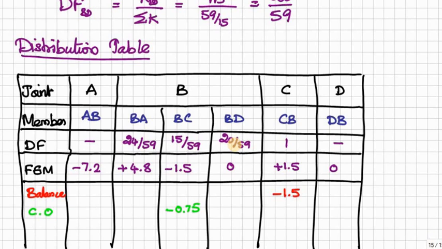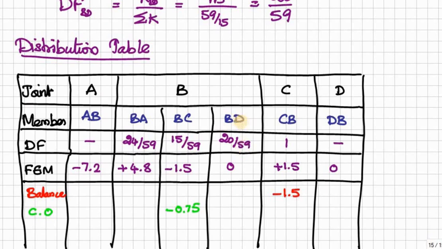That means 24 over 59 parts of 2.55 should be applied to BA, then 15 over 59 of 2.55 should be applied to BC member, and 20 by 59 of 2.55 should be applied to BD member.